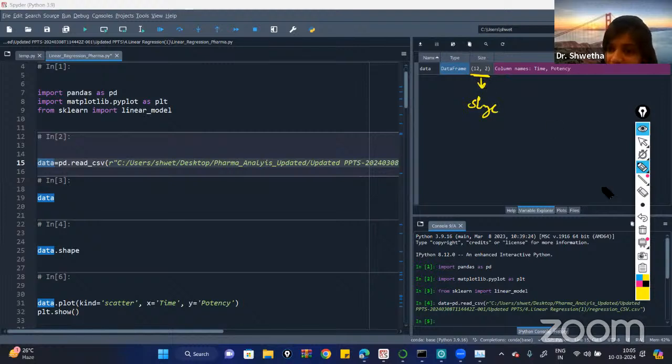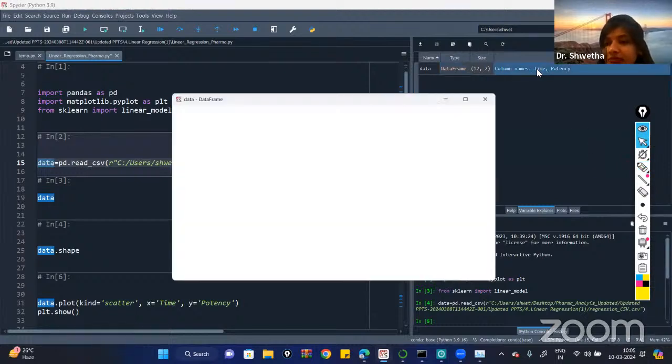There are 12 rows in this data and 2 columns. That is the size of the data frame. And the column names are time and potency. So the two columns are time and potency.